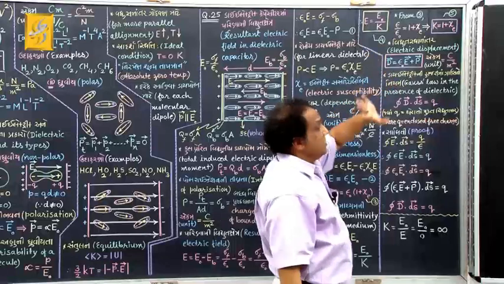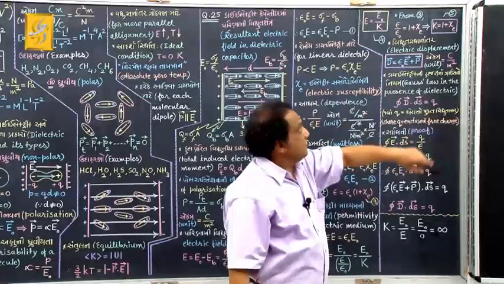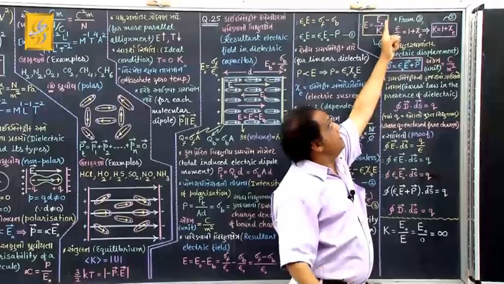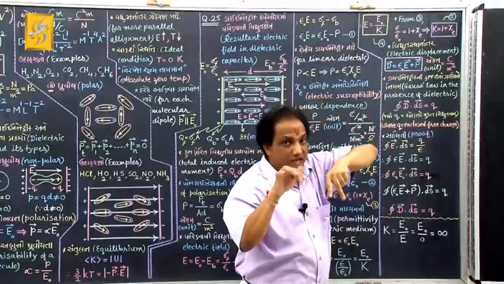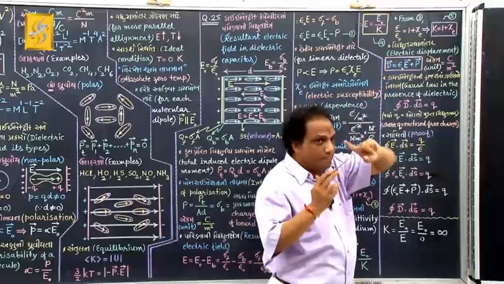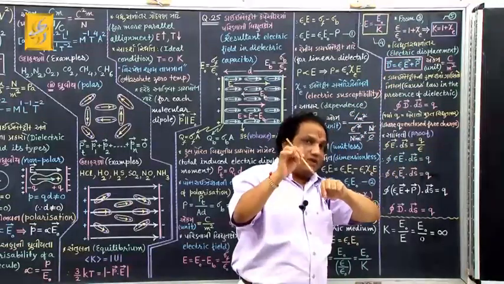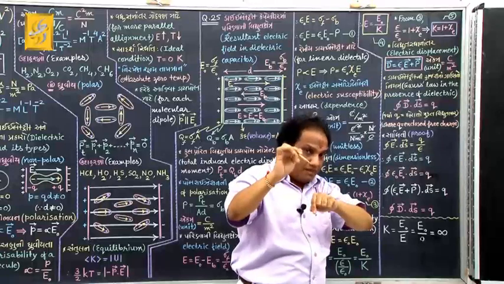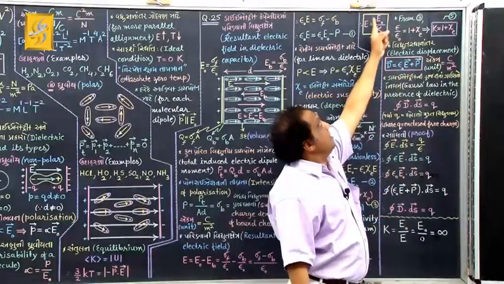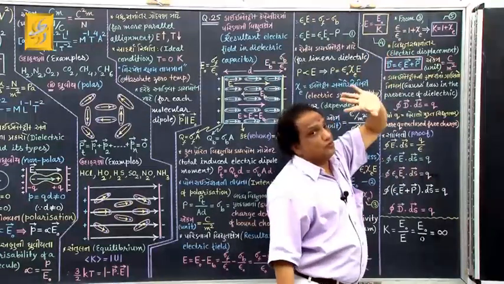Please remember this result in words like this. If a free space having electric field E0 is replaced by dielectric medium having dielectric constant K, then the resultant electric field in that dielectric medium becomes kth part of E0 or becomes 1 upon K times E0.